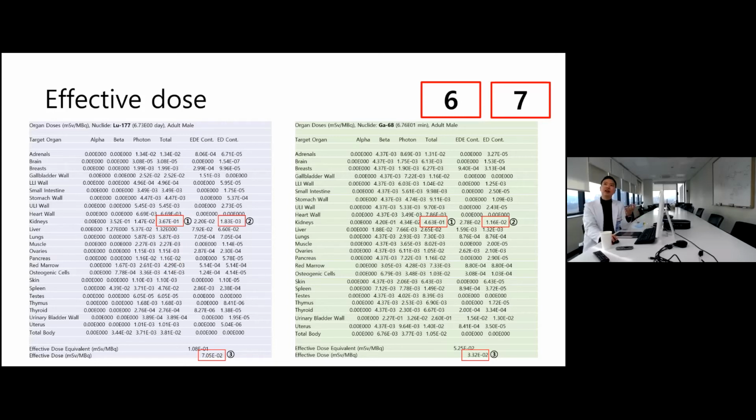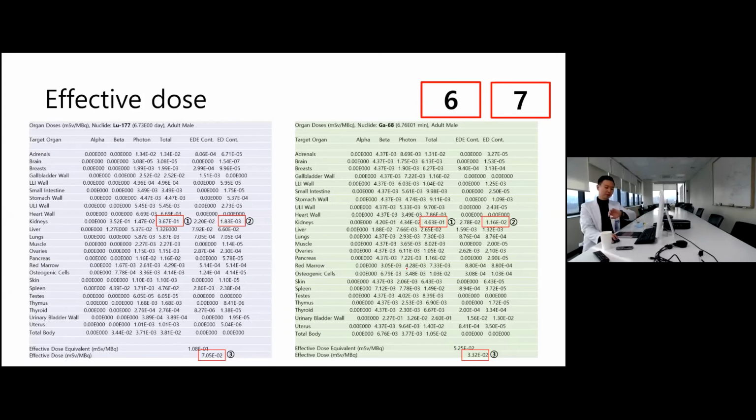However, in the diagnostic agent, since the dose is low, there is a very low chance of a deterministic effect in each organ. So actually, the more important aspect might be the effective dose. If we repeat this gallium-68 PSMA PET-CT, the effective dose might increase, and it is relevant to the risk of cancer.